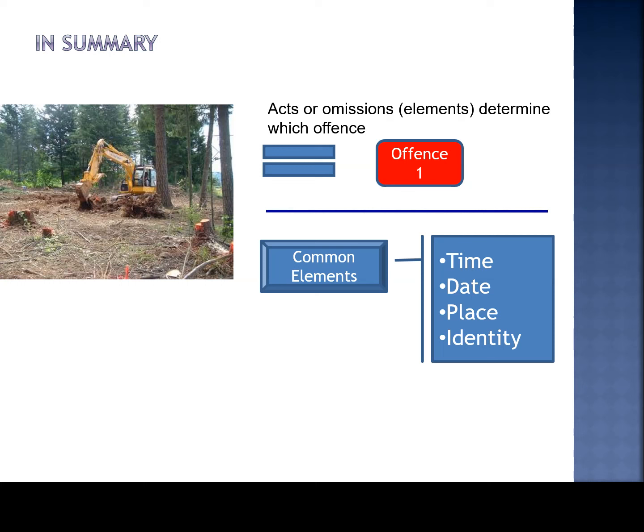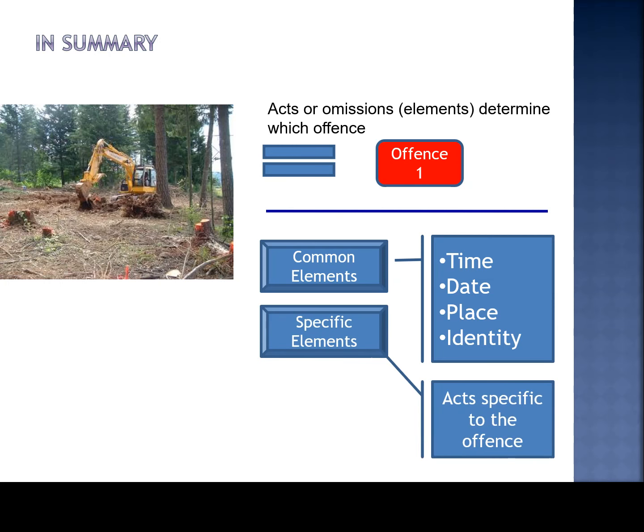Then we look at the other common element of place and identity or person responsible. Then we look at the specific elements of the offence, so the specific acts or omissions, in terms of the physical elements, the specific acts or omissions, and the fault elements being the guilty mind. So the intention, recklessness, willfulness.